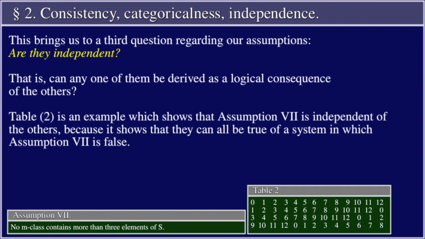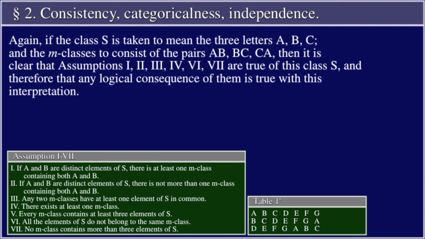Table 2 is an example which shows that assumption 7 is independent of the others, because it shows that they can all be true of a system in which assumption 7 is false. Again, if the S class is taken to mean the three letters A, B, C, and the M classes to consist of the pairs A, B; B, C; C, A, then it is clear that assumptions 1, 2, 3, 4, 6, 7 are true of this class S, and therefore that any logical consequence of them is true with this interpretation.